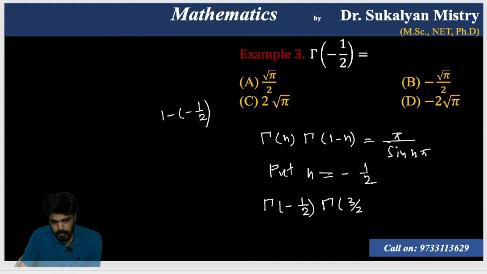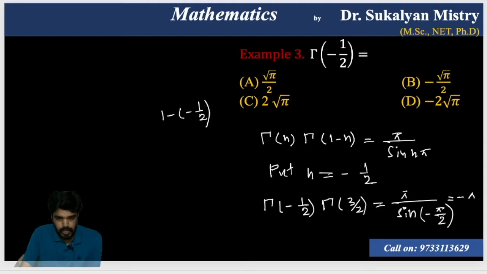So, that is pi by sin, here n is minus 1 by 2, that is minus pi by 2. So, sin of minus theta will be minus sin theta, right. Value of sin 90 degree is 1. So this will be minus pi.